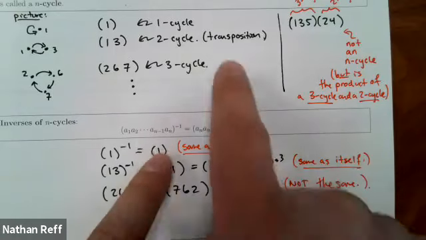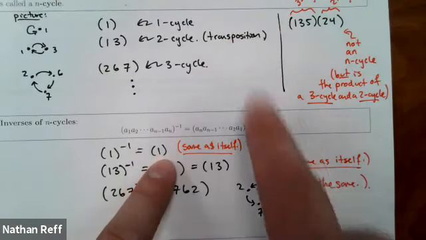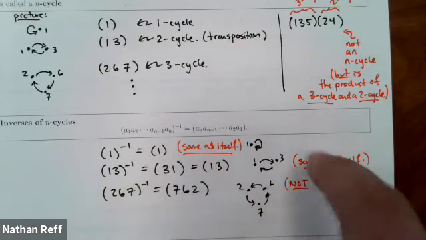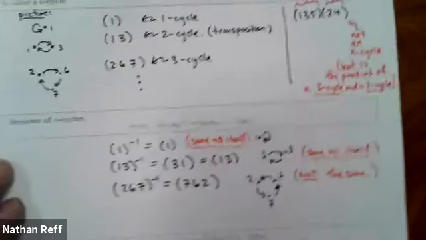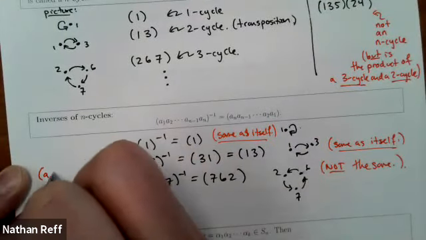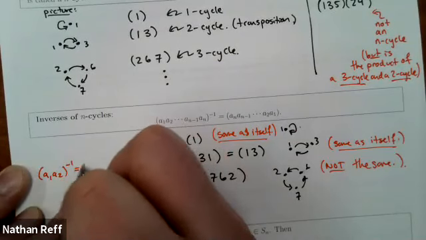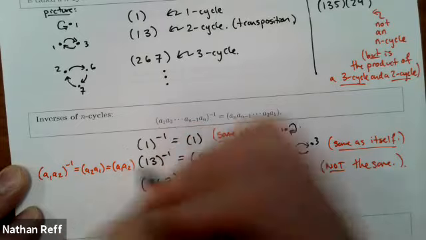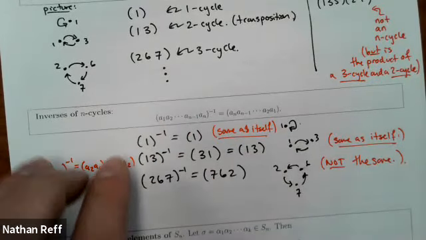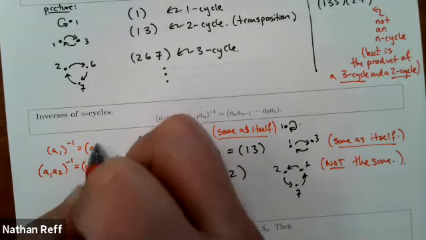In general, if I have (A1 A2), where A1 and A2 can be any numbers you want, the inverse will be (A2 A1), but that is actually the same as (A1 A2). And if you just had (A1), its inverse is itself.